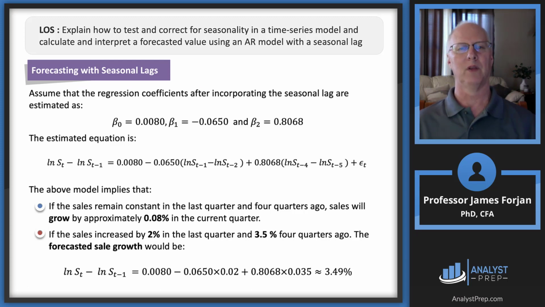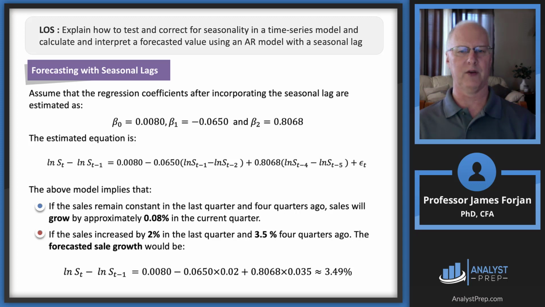How about the last part of this LOS, forecasting a value? This is super easy. This is what we've done before. Let's go ahead and look at some parameters that are given to us. So beta 0 is 0.008, beta 1 is minus 0.65, beta 2 is 8.068. And so skip down, what are we saying here?